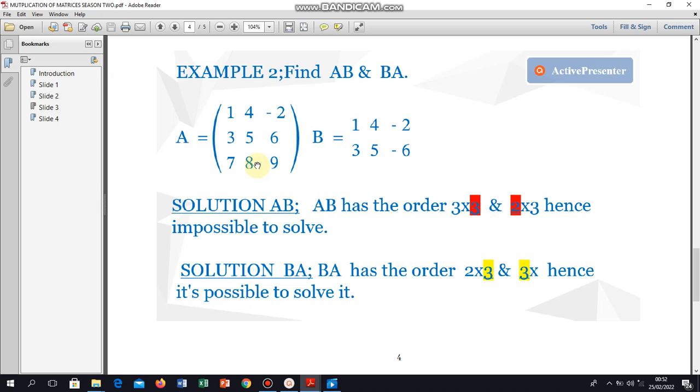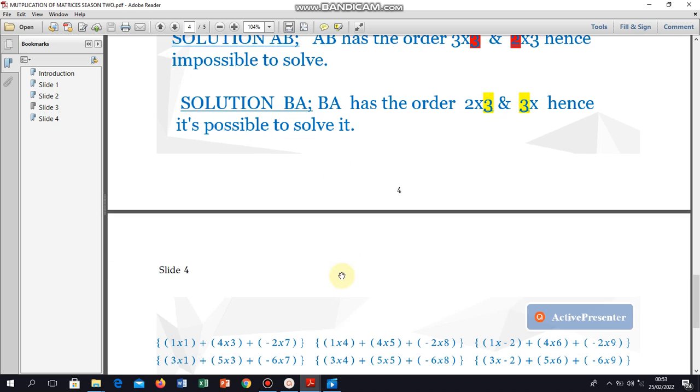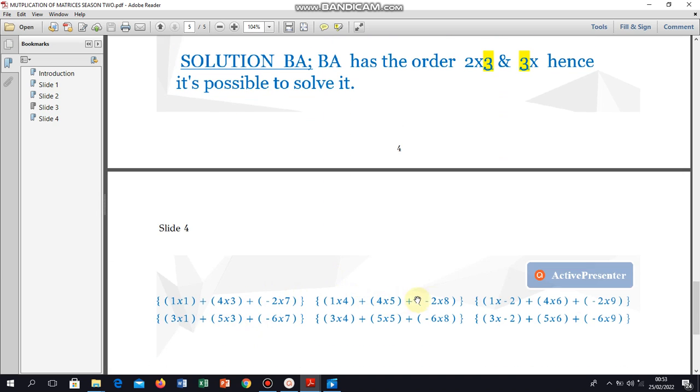We get now the element in the first row, second column. Then we move on to get 1 times negative 2, 4 plus 4 times 6 plus negative 2 times 9. With doing that, you are getting now the element in the first row, third column. So here it is. I've done it in a distinctive way.